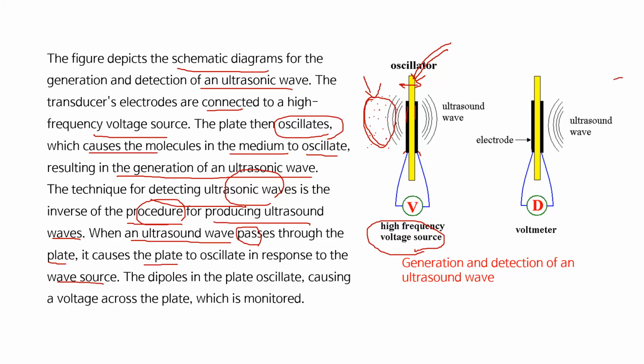So the wave source is coming, then this ultrasonic wave vibrates the plate of transducer material, and the dipoles inside the material plate oscillate, causing a voltage across the plate, which is measured.